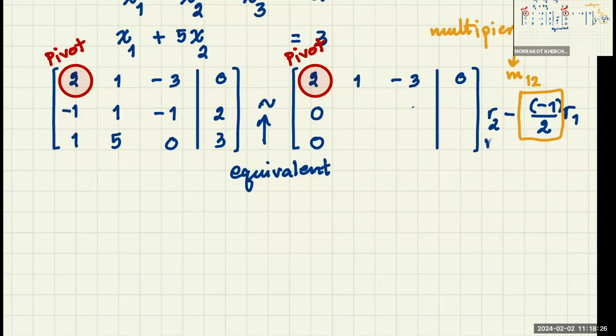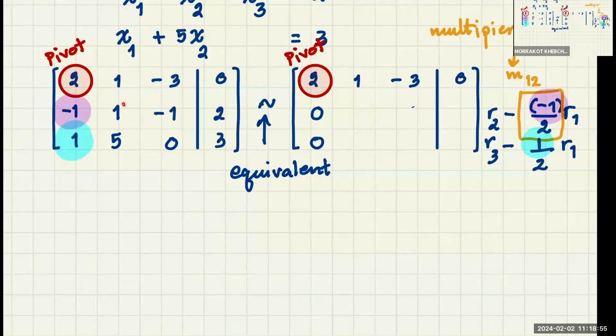Now row number 3 is calculated as R1 divided by 2. We want it equal to 1, so you will multiply by 1. We take the values there. Now we calculate this. How can we get this?